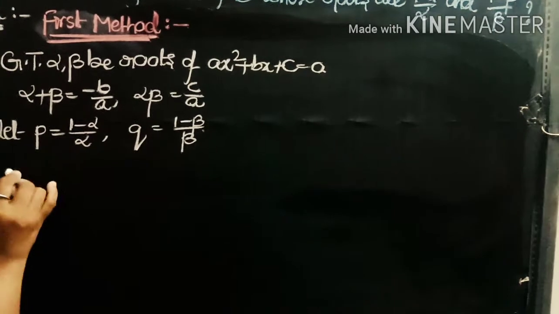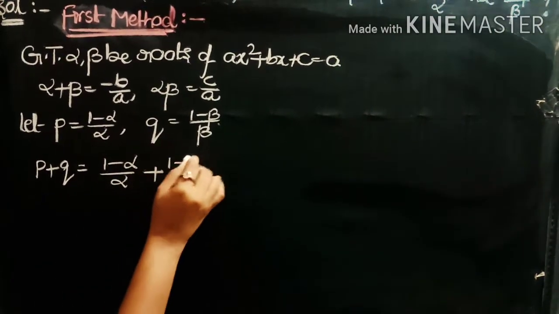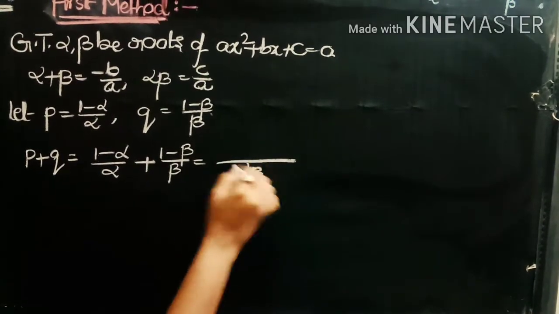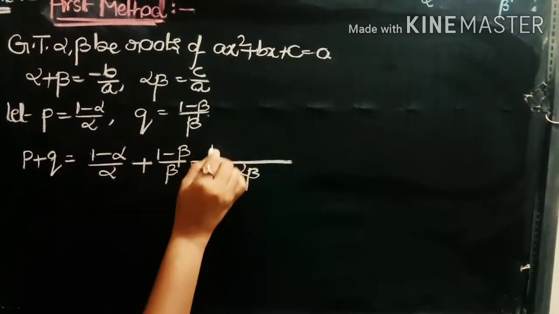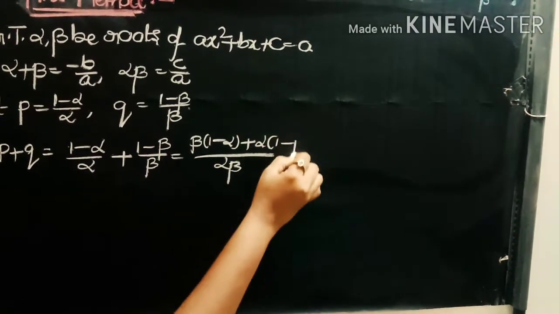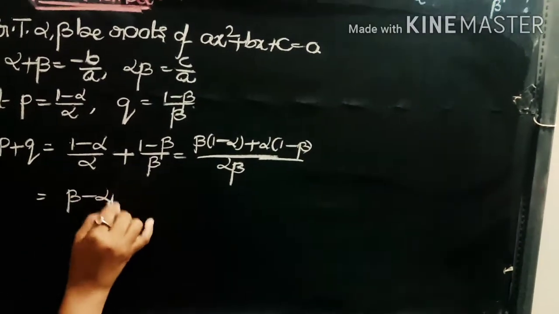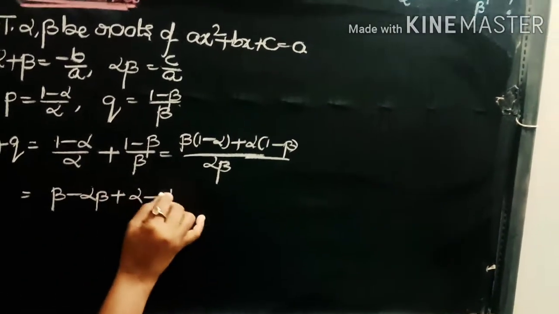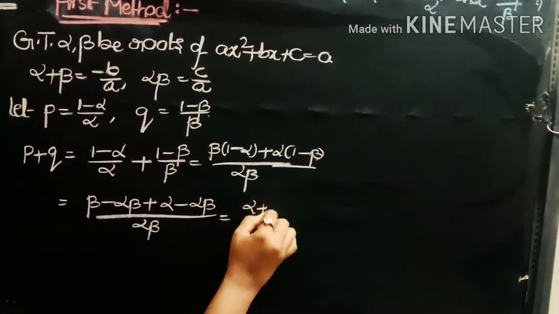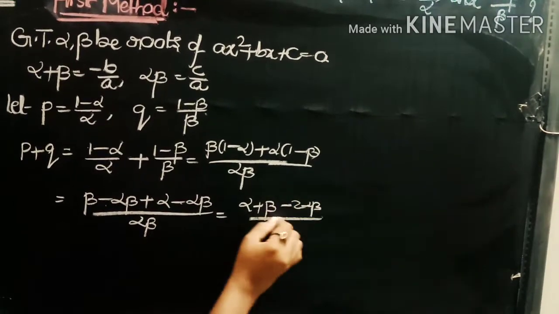Next I find p + q = (1 − α)/α + (1 − β)/β. Now taking the LCM αβ, this is [β(1 − α) + α(1 − β)]/αβ, which equals (β − αβ + α − αβ)/αβ, and this is (α + β − 2αβ)/αβ.